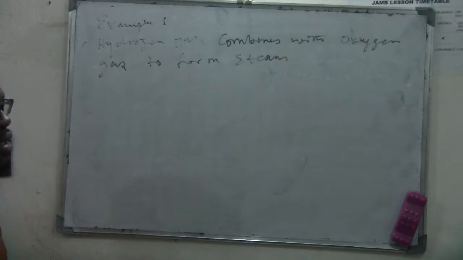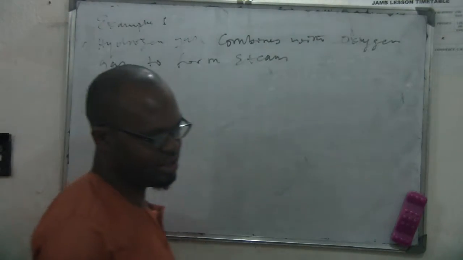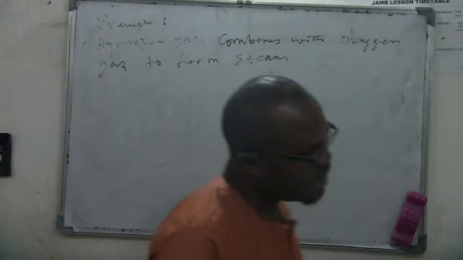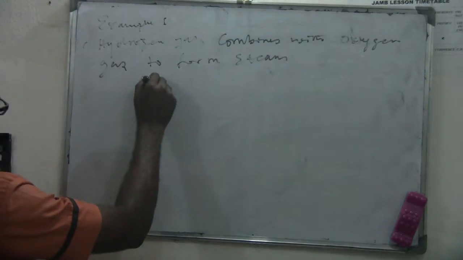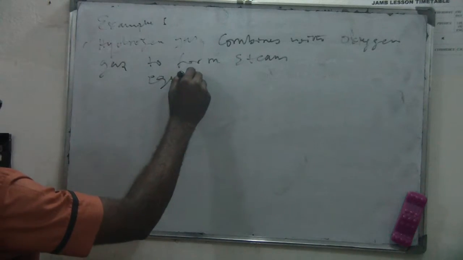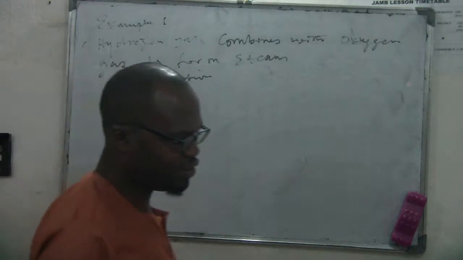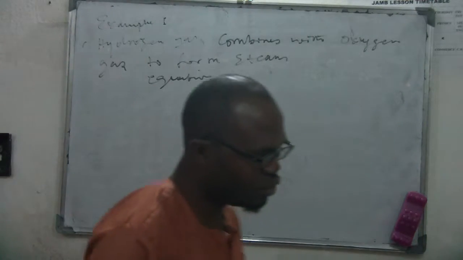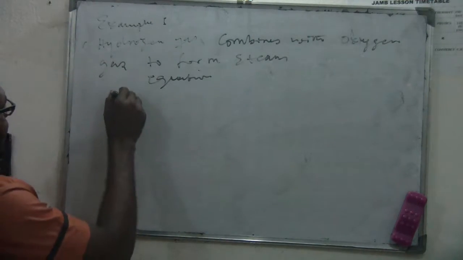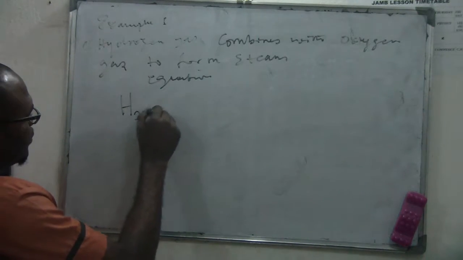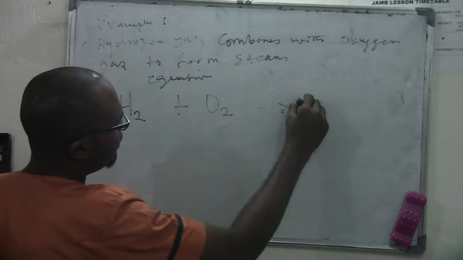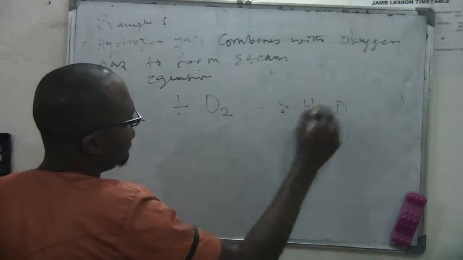When hydrogen and oxygen combine, you know you have H2O, isn't it? So how do you write a balanced equation for this? You have H2 combining with O2 to give H2O. Steam is water in gaseous form.